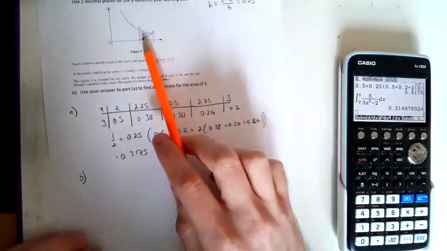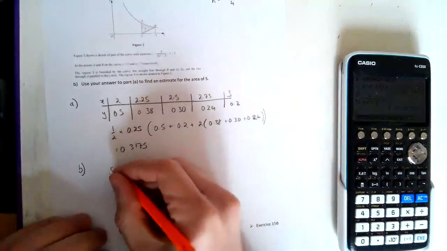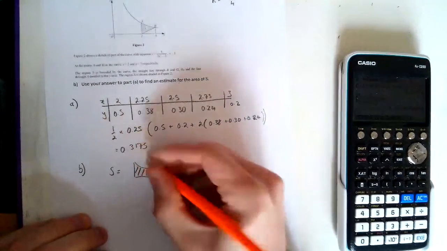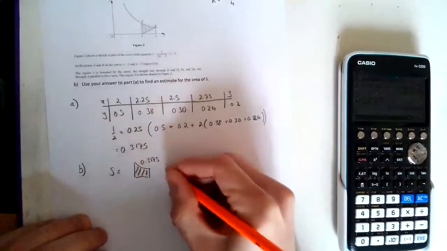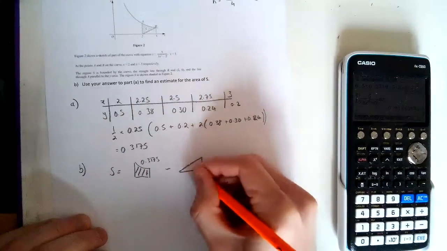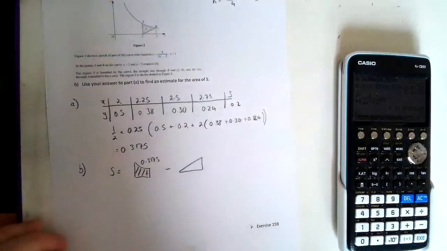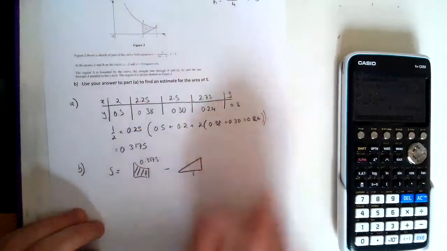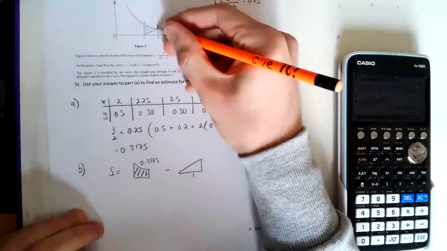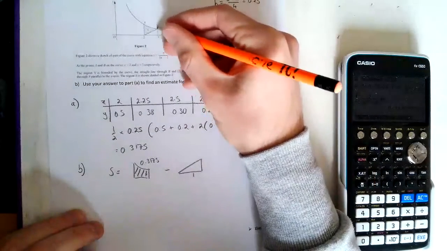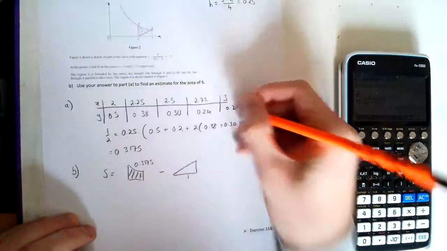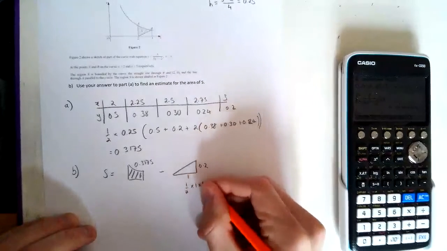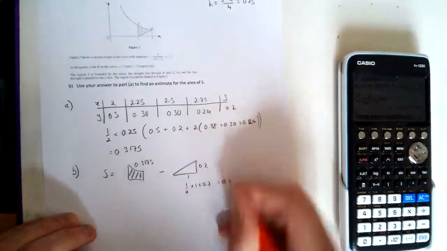So to work out that S, S equals that whole area that we just worked out, 0.3175, take away this triangle. Well, to get the area of a triangle, I need the base along the bottom, so 2 to 3 goes along 1, and the height, well, B happens at 3, so the y value for 3 is 0.2, so that area is half times 1 times 0.2, which is 0.1.